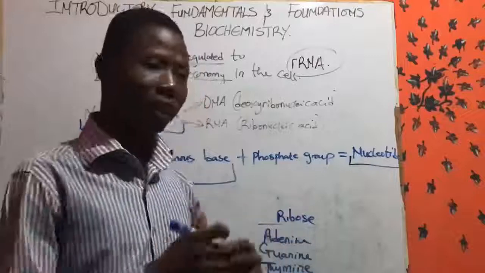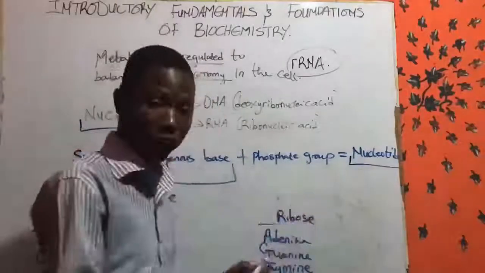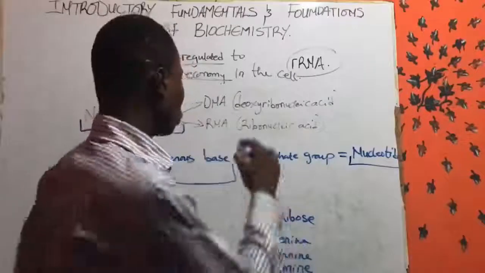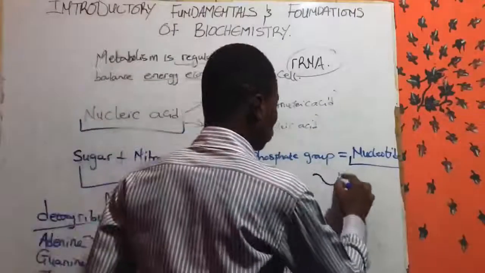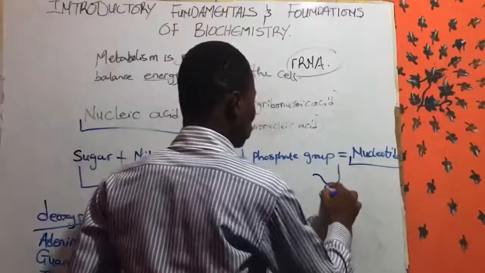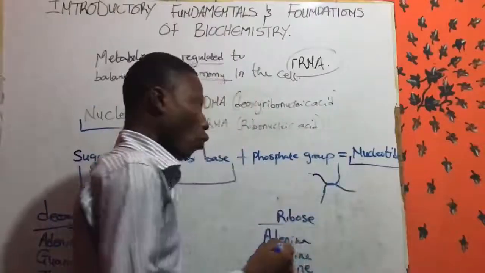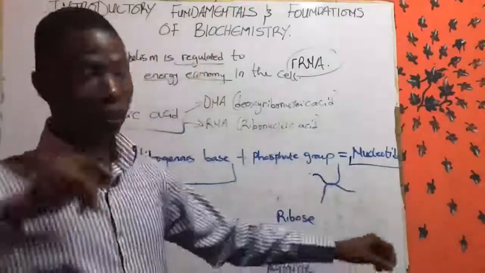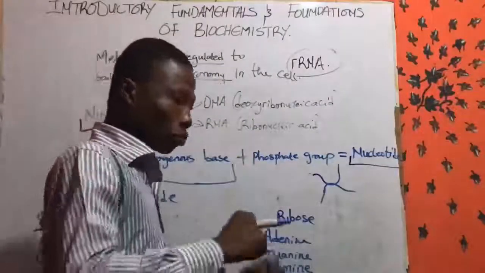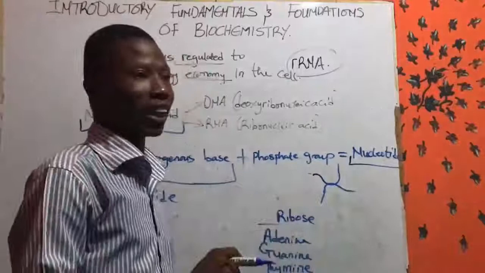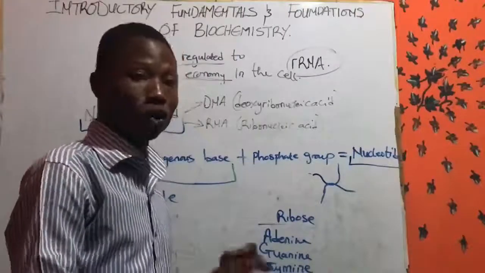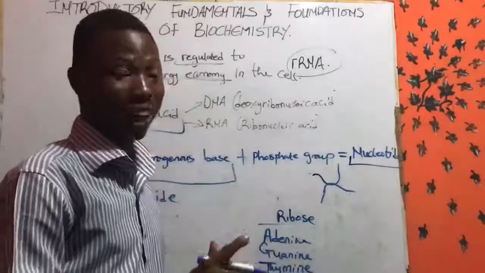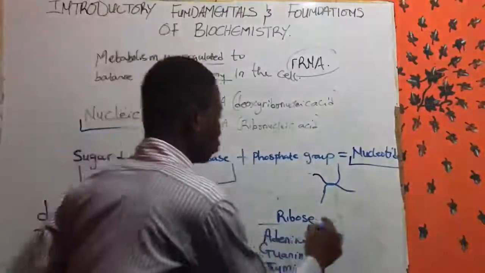Now, in your cell, you have a nucleus. In the nucleus, you see a chromosome, usually drawn like this. Now, by the time you unwind your chromosome, you see chromatin. Now, when you unwind chromatin, you notice that it is made up of nucleic acid supercoiled together with a protein known as histone protein.